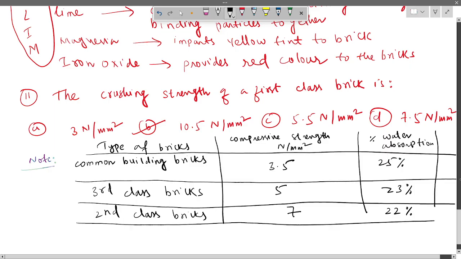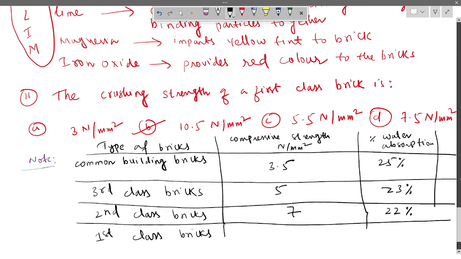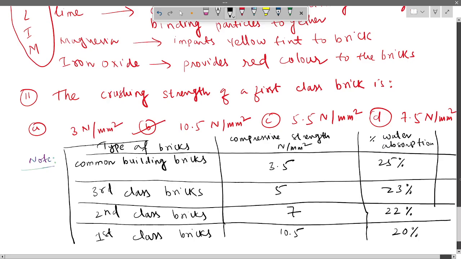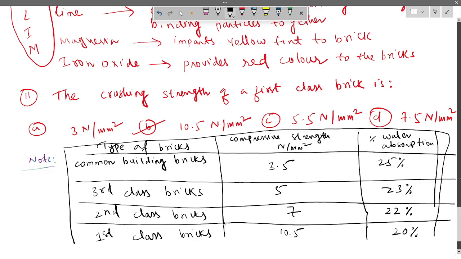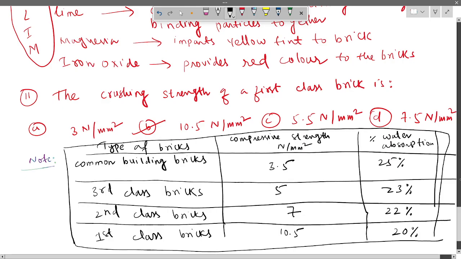For the first class brick, it should be 10.5 Newton per millimeter square, and water absorption should not be more than 20%. Note down this table. This is a very important table. If you remember this table, one question will be asked in SSC JE or any competition exam.